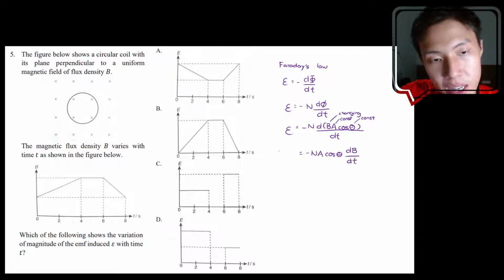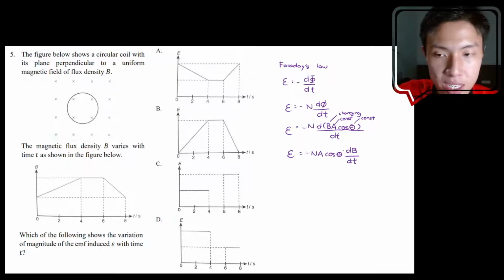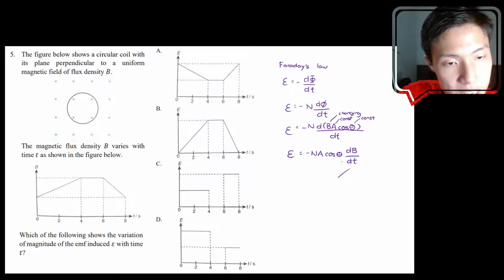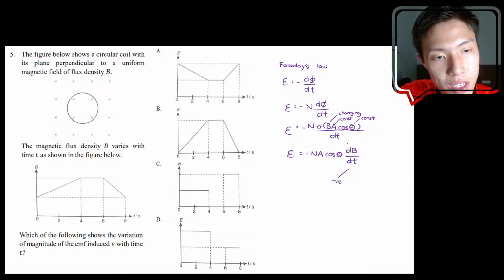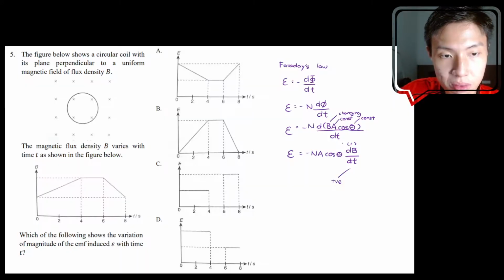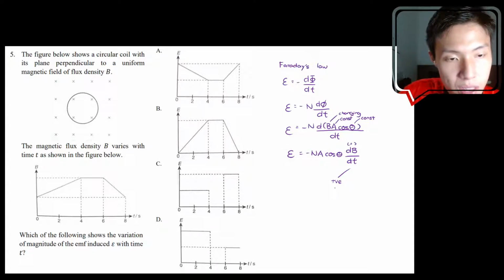I'm showing you here how to derive the equation. But here's what you can see. If your dB dt is positive, then the positive will multiply with the negative here, and you get a negative answer for epsilon. Epsilon will be negative.